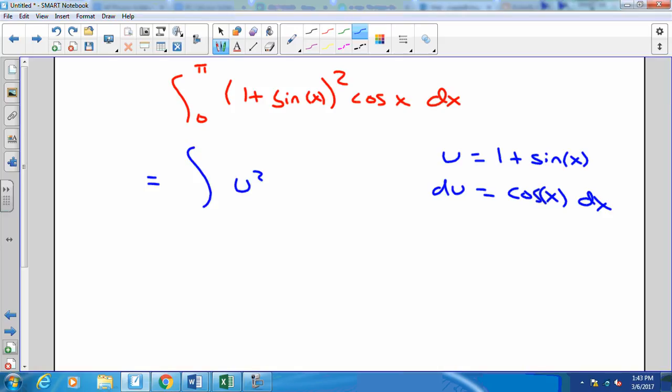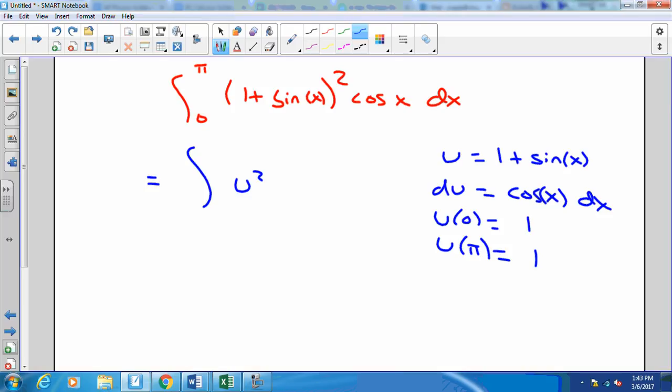Well, I think we need to find u of 0 and u of pi over 2. So what is u of 0 equal to? And also 1. He hesitated, because it makes our integral interesting, doesn't it?